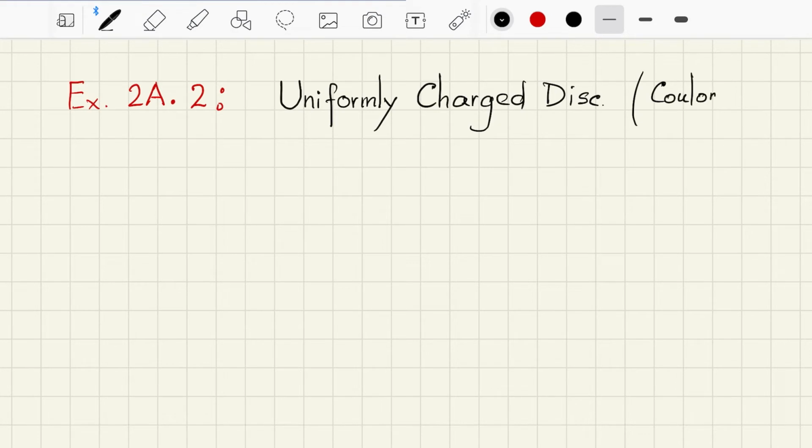You can solve it in many ways, but let's say Coulomb's law. Given sigma, that is the surface charge density, find E on the axis again.